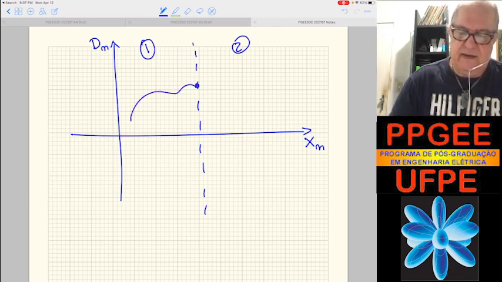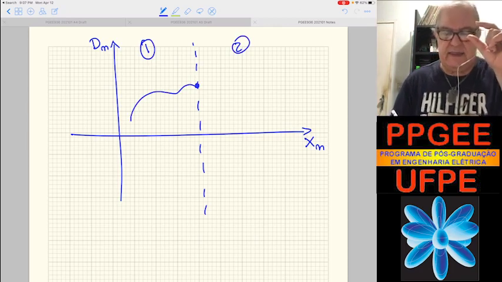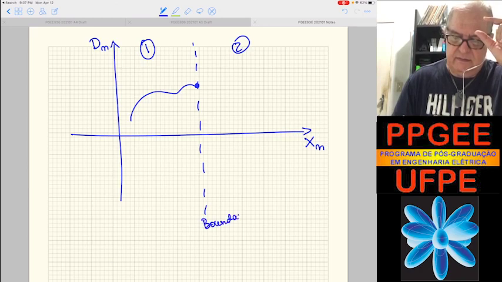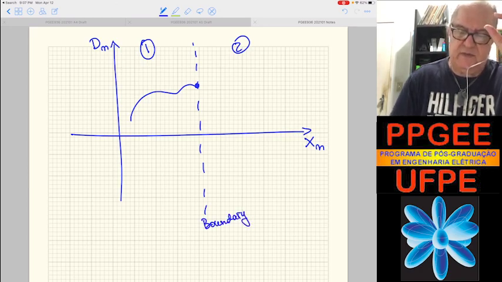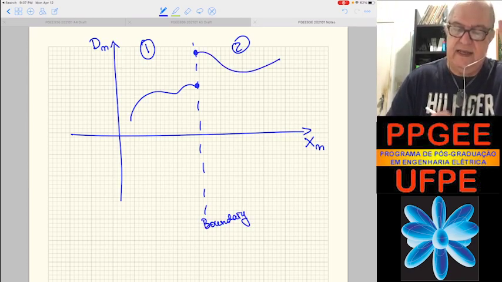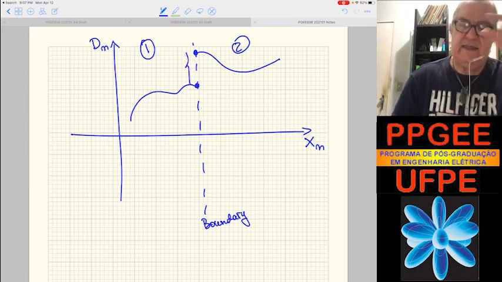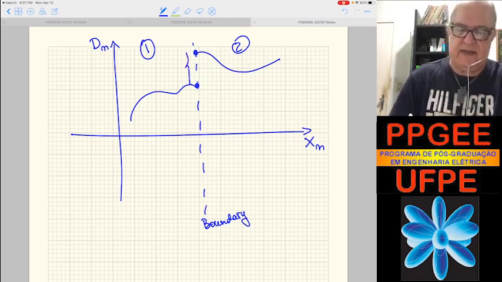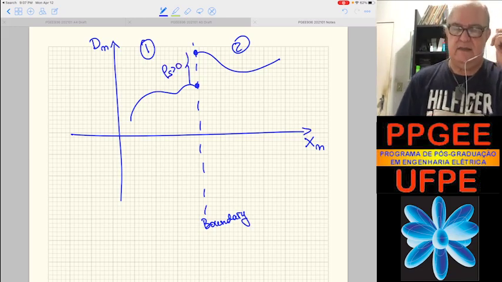Well, if there is a surface charge density, at the boundary there's going to be a discontinuity, let's say, like this. In this case, the normal component increases a little bit. There's a positive discontinuity, because in this case rho s is larger than 0.